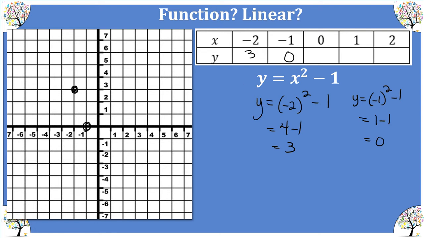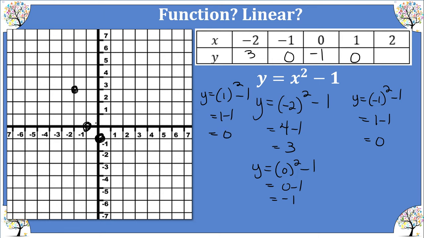So -1, 0. Now we're going to input 0 for x. 0 times 0 is 0 minus 1, and I get -1. So 0, -1. Now we're going to plug in 1. And we get 1 times 1 is 1 minus 1 gives us 0. So we have 1, 0.